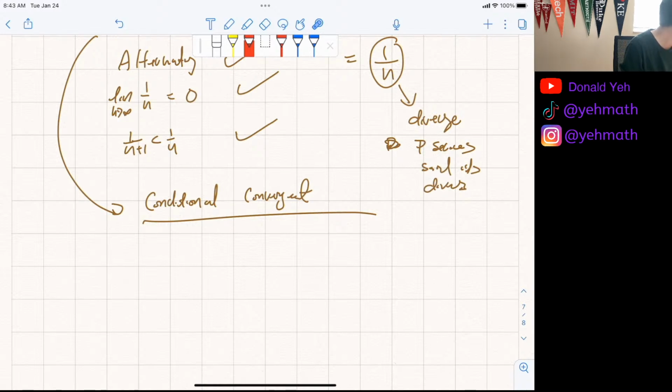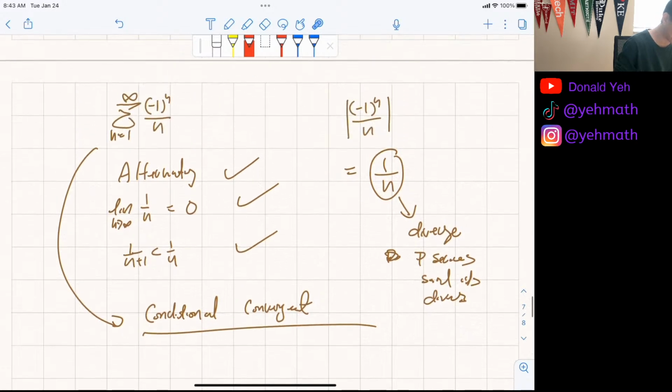Is 1 over n conditionally convergent? Yeah, it's conditionally convergent when it has an alternating sign.